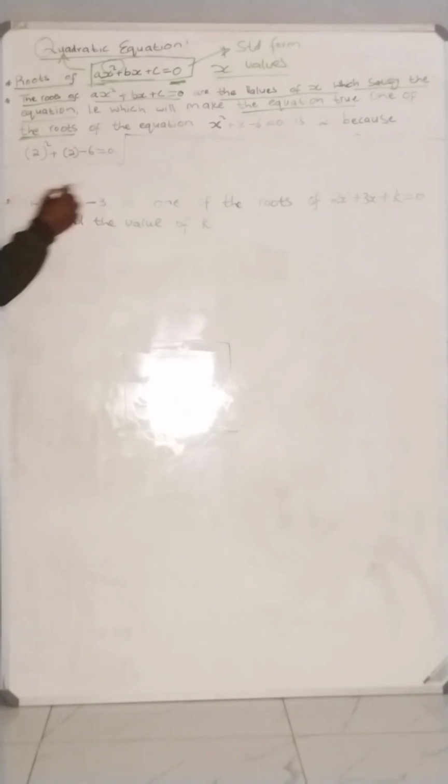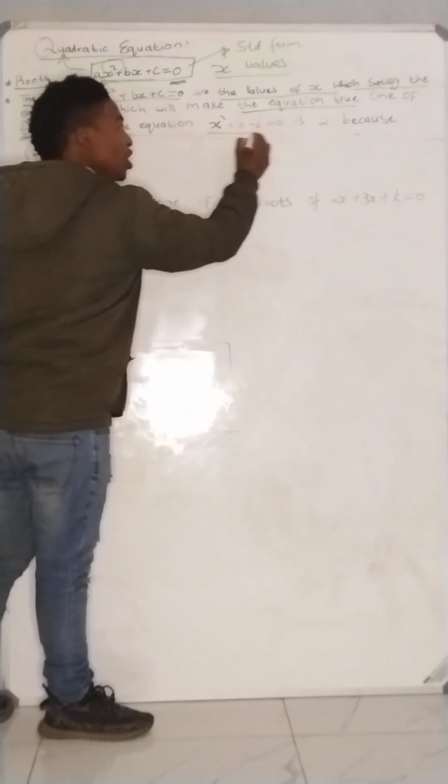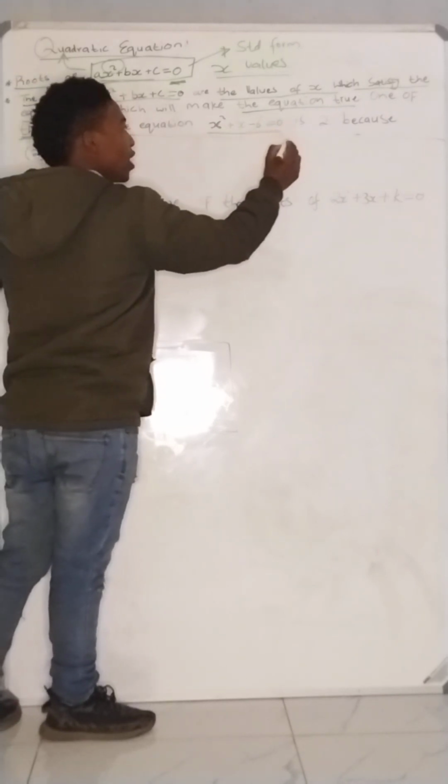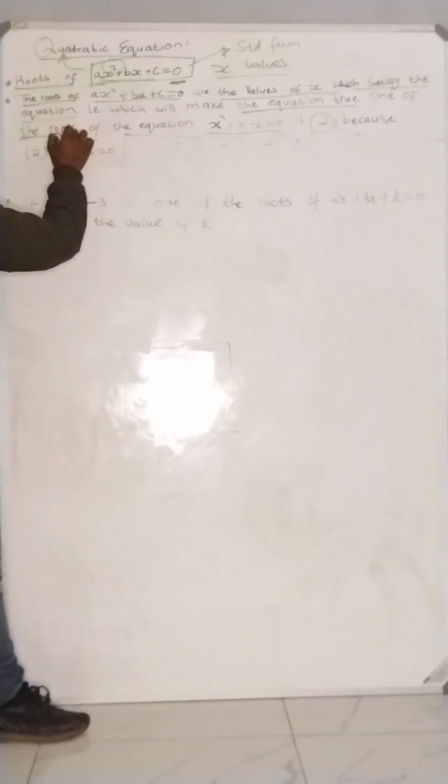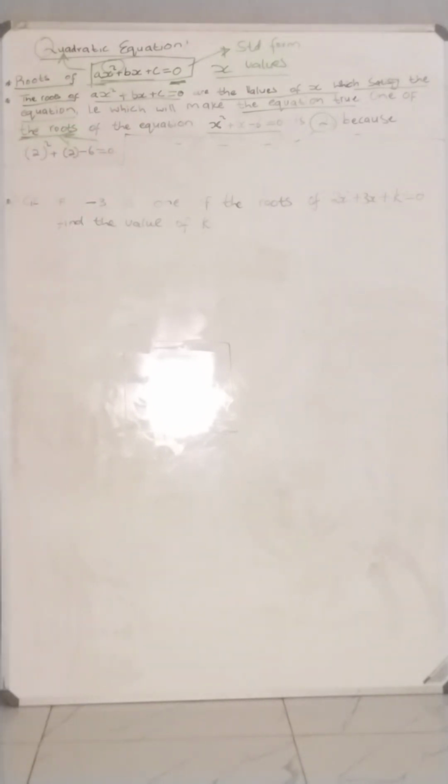So in place of x in this equation, we put 2 because they told us that 2 is the root. So let's prove that it is actually the case.